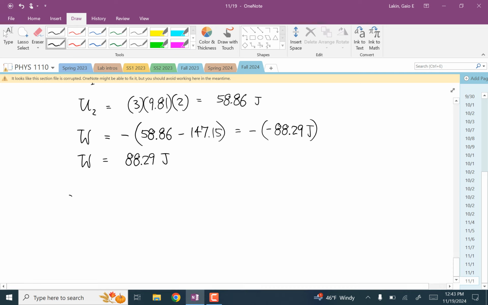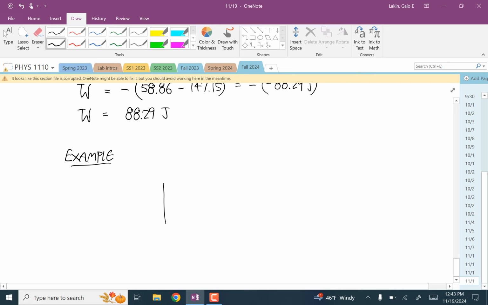Okay, let's do another example. This time we'll use a spring calculation. So let's say that we have a setup with an object that can roll, and the mass of the object doesn't matter for what we're calculating here.